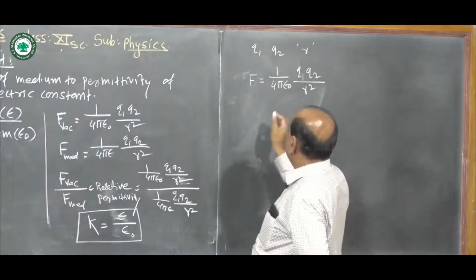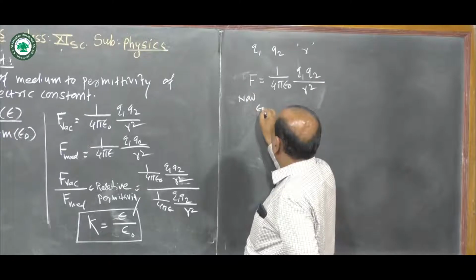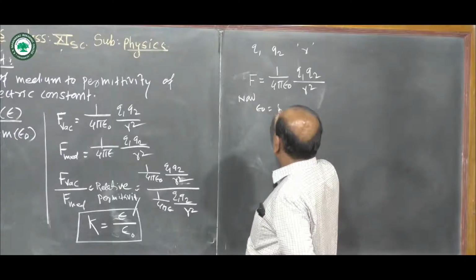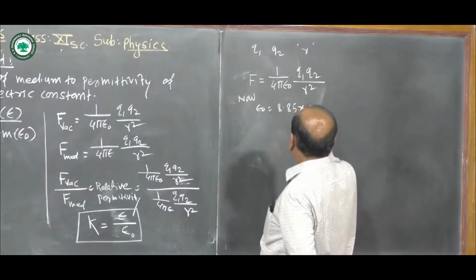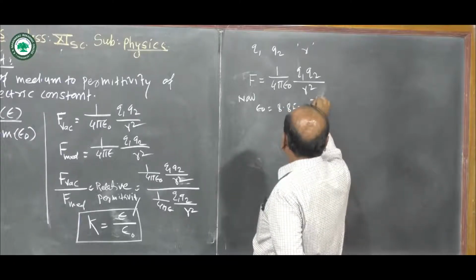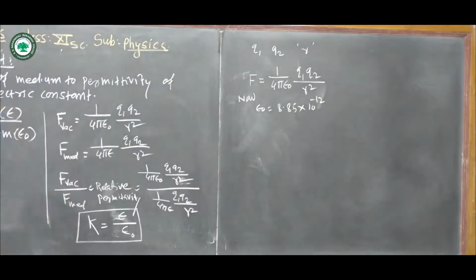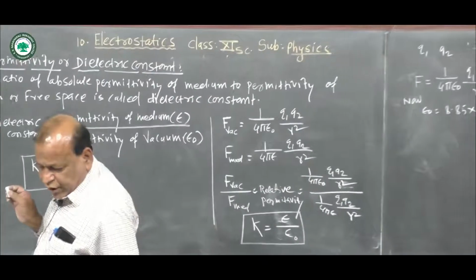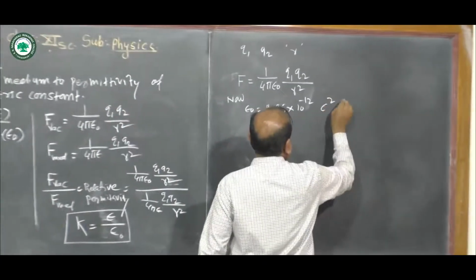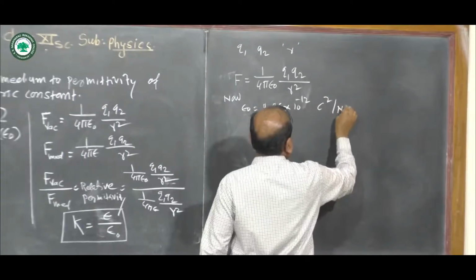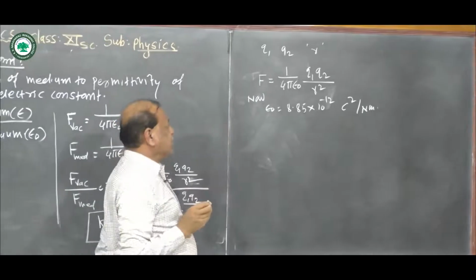Now here, put the value of epsilon 0, which is 8.85 into 10 raised to minus 12 C square per Newton meter square, the unit of this permittivity.